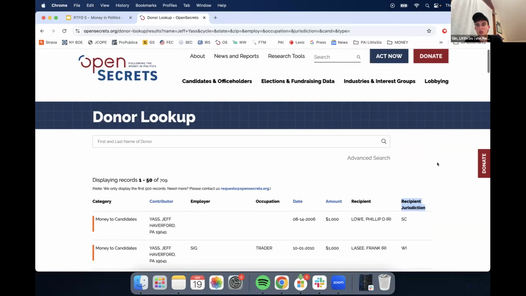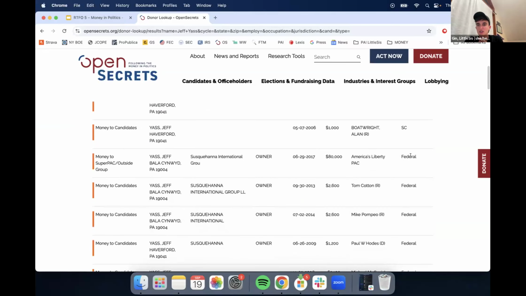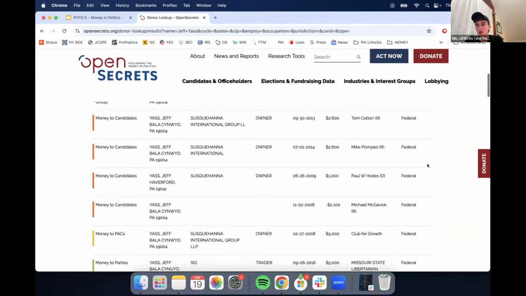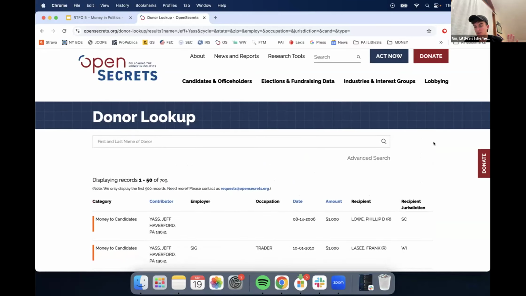And so this is where you can see, this person is in South Carolina, we have Wisconsin, you have your federal, and folks like that. So this is a great tool to try to do both. If you have one donor and you want to see both, like with Jeff Yass, that's great. If you're just looking for a specific jurisdiction, that state, use it for that.